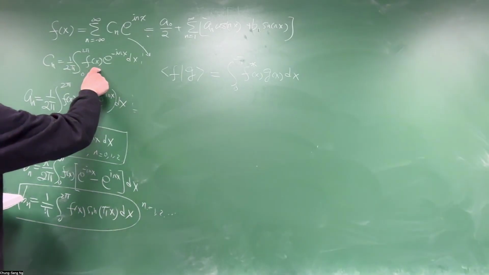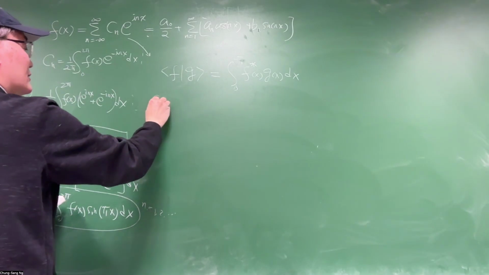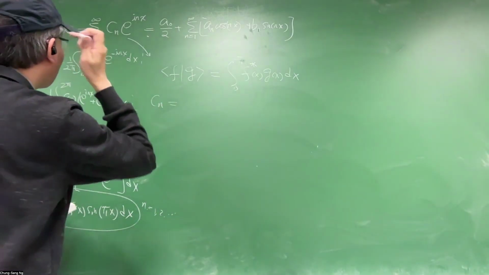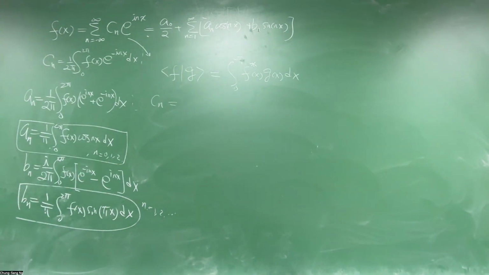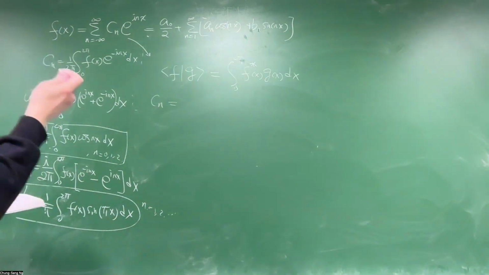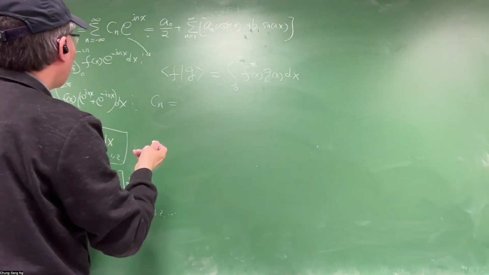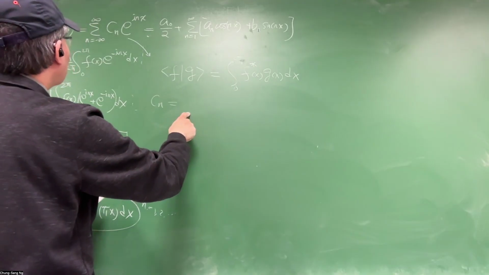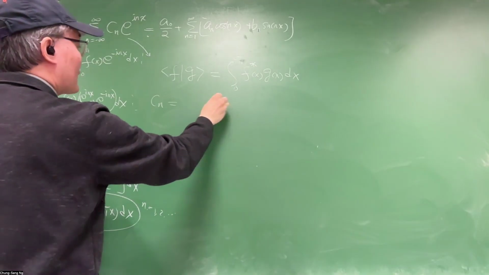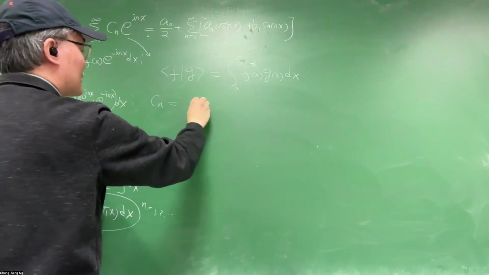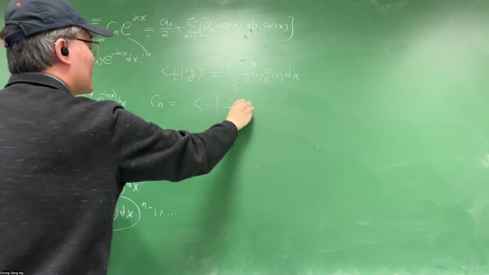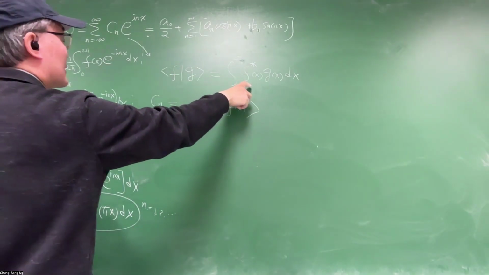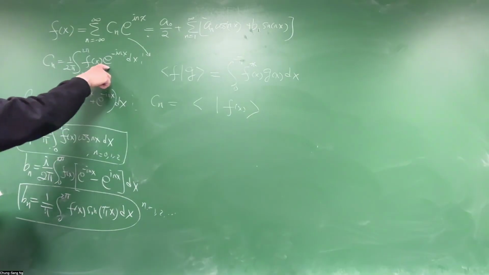But anyway, this C sub n is defined as a scalar product of the function f with the basis, and the basis becomes this because there's a complex conjugate.